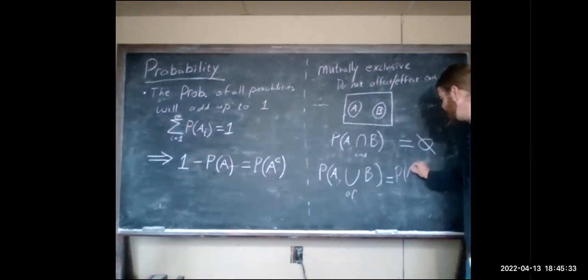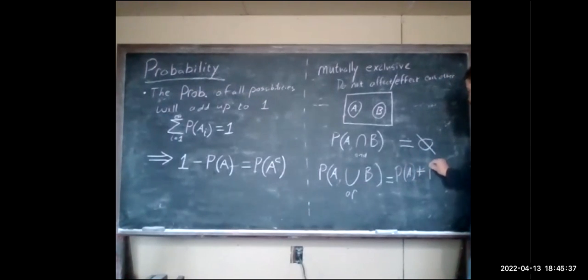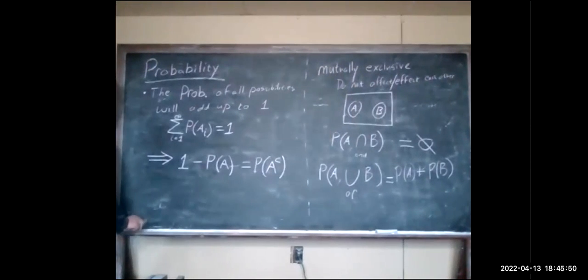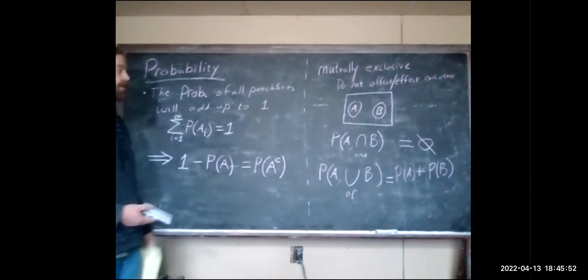That'll be the probability of event A happening plus the probability of event B happening.